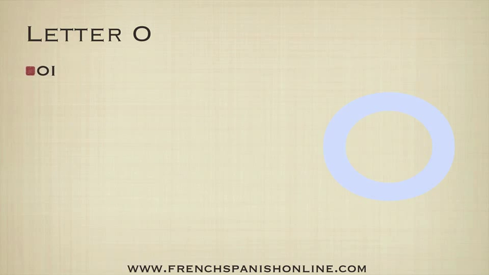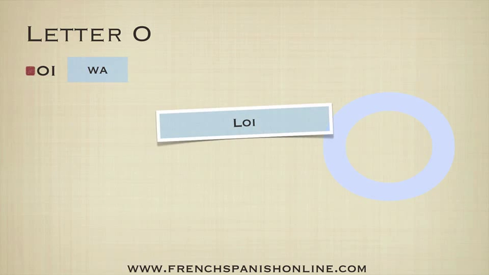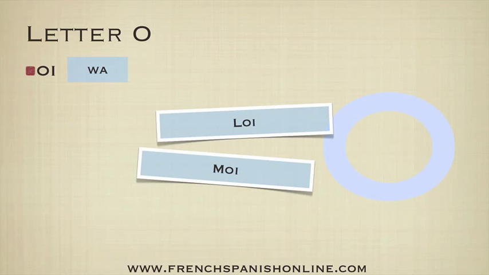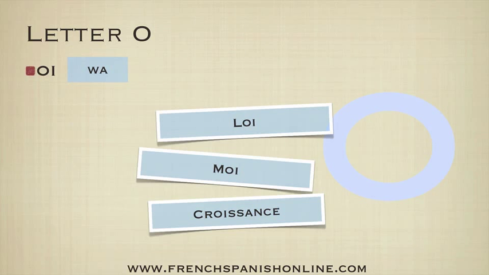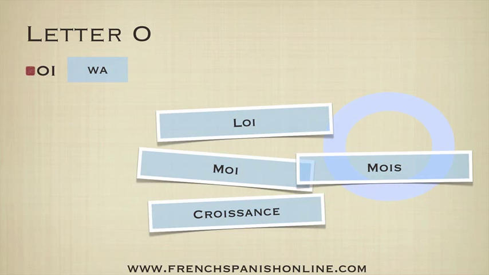A second combination of two letters, O and I, the sound is wa. Like la loi, the law, moi, me, myself, la croissance, the growth. But some make a difference between these two moi.